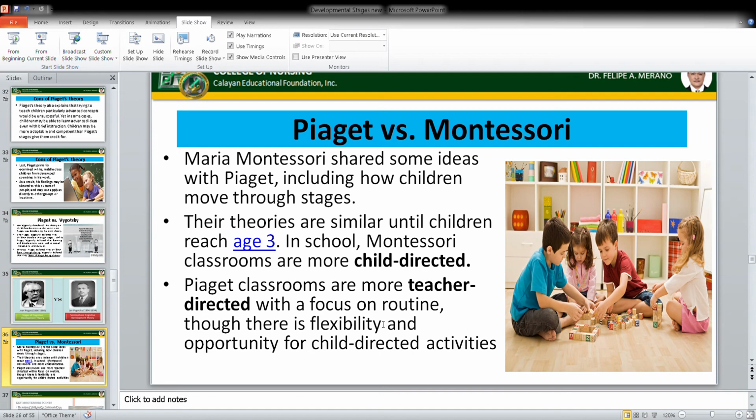In school, Montessori classrooms are more child-directed, while Piaget classrooms are more teacher-directed, with a focus on routine, though with flexibility and opportunity for child-directed activities. So that's the difference between Montessori and Piaget.